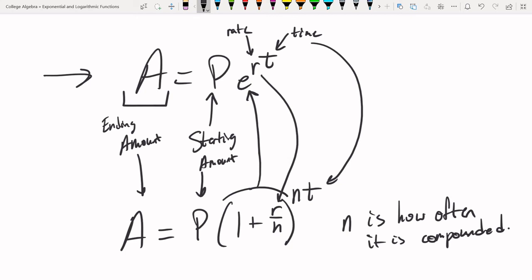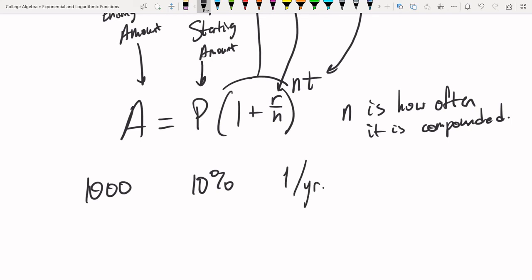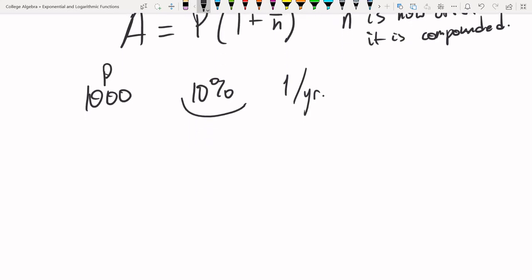It's hard to think about without talking about a specific example, like money, for instance. Just to keep it in mind, if we have $1,000 in a savings account and our account gave us 10% interest and it compounded once a year, then that means after 1 year, you gain 10% interest and it's added onto the principal, the amount that you started with. So after 1 year, we would gain $100.